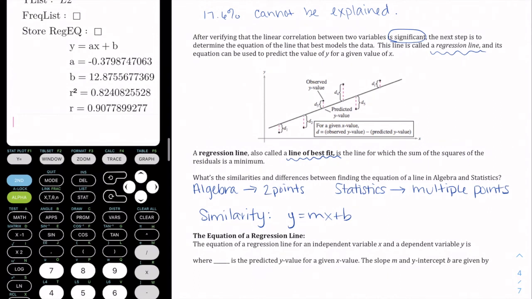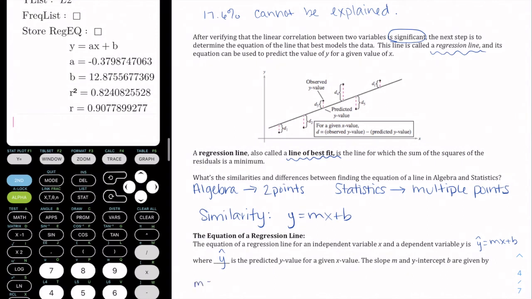So the equation of a regression line for an independent variable x and a dependent variable y is y hat equals mx plus b, where y hat is the predicted y value for a given x value, and the slope m and the y-intercept b are given by the equations.